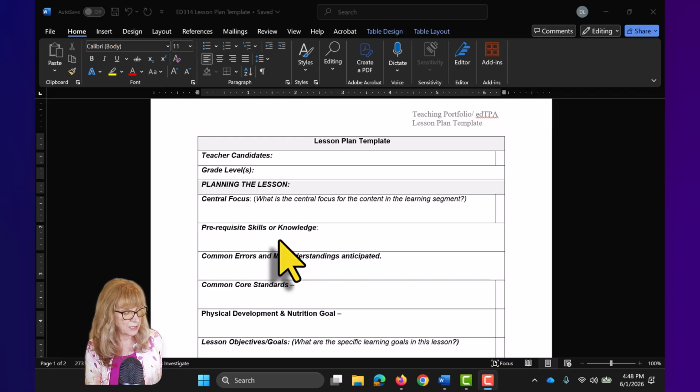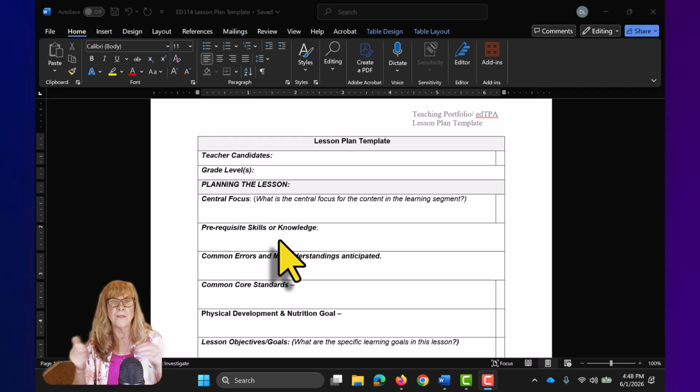But say you're creating a science lesson and you're going to be working on force or equilibrium. Well, then you're going to be tying in 19.B.2a, which says, identify the principles of movement, for example, absorption and application of force and equilibrium. So that's what you would write for your physical development and nutrition goal.